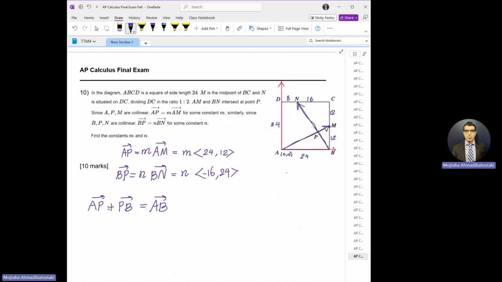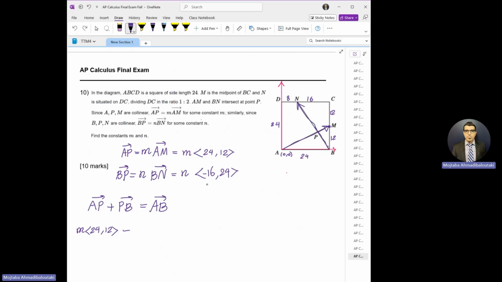So we have that. And now if I describe these in terms of vectors, vector AP we have from here. It's m times 24 and 12. And then we have vector PB. Vector PB is the negative of vector BP, so I'm going to use a negative sign here.